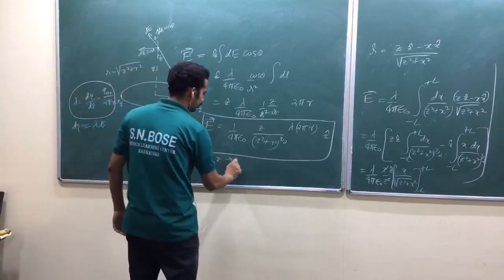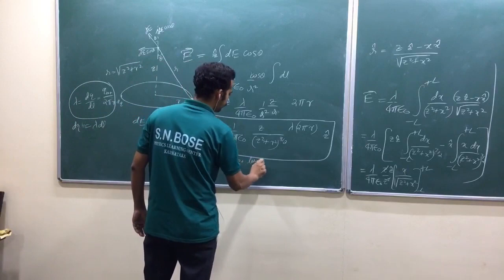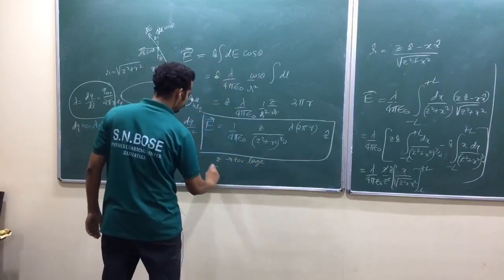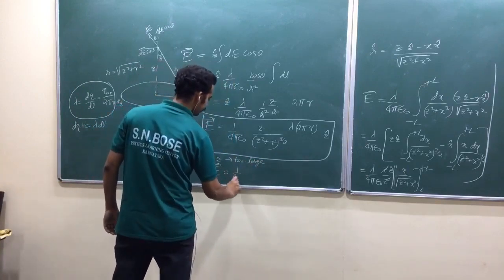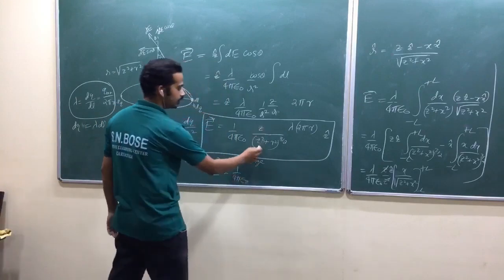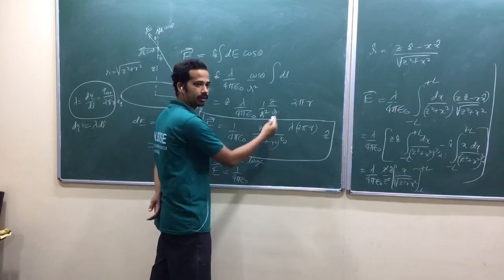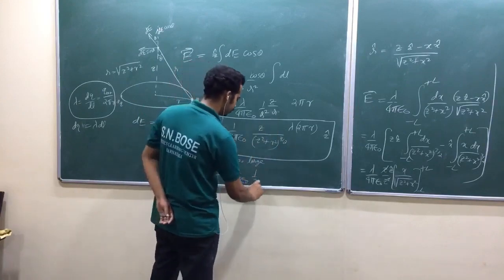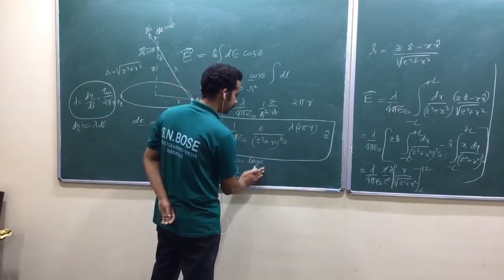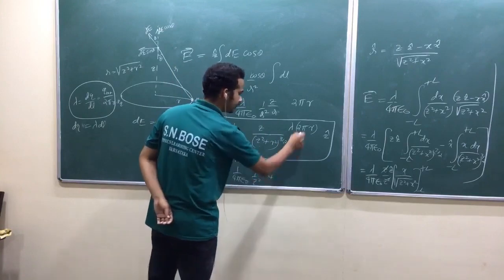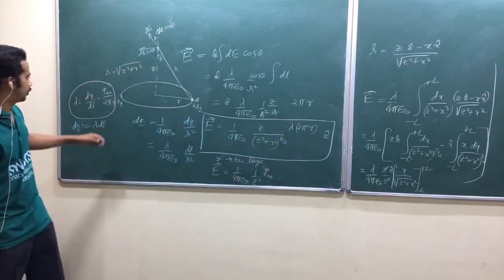Again, when z is too large, this will tend to nearly equal to 1 by 4 pi epsilon naught. Z, you can neglect r square, z square raised to 3 by 2, z cube, 1 by z square into lambda into 2 pi r is q total. Lambda into 2 pi r, that's your total charge. Am I right?